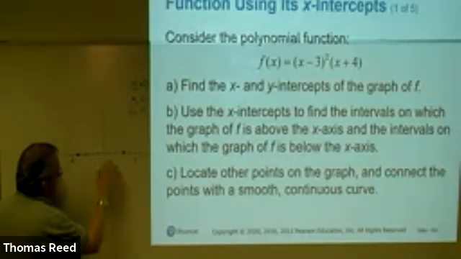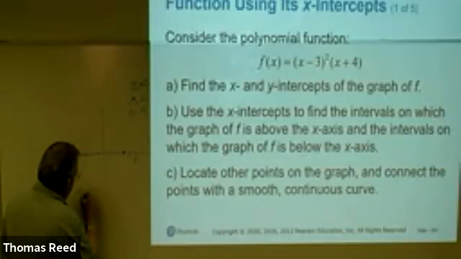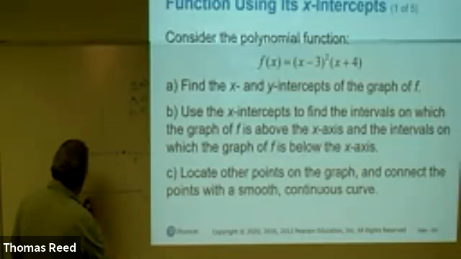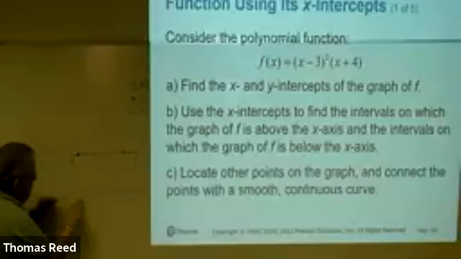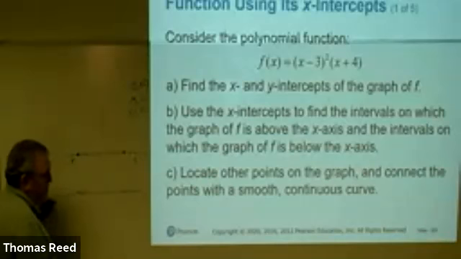So it divides my regions into 3 intervals: from -infinity to -4, -4 to 3, and 3 to +infinity.